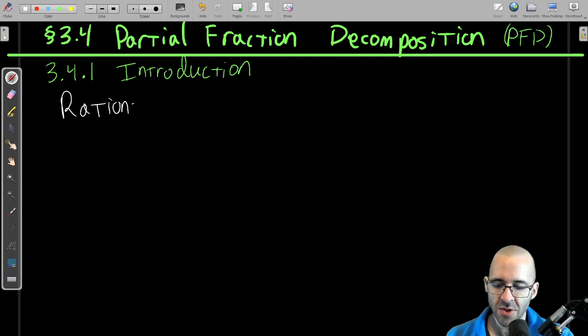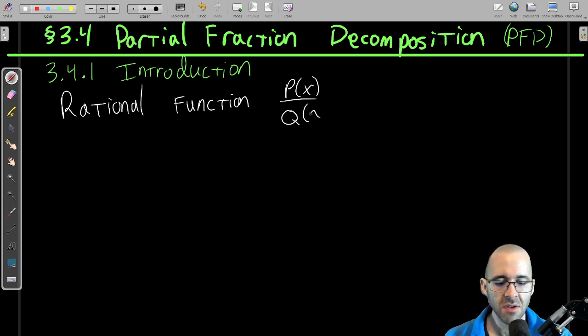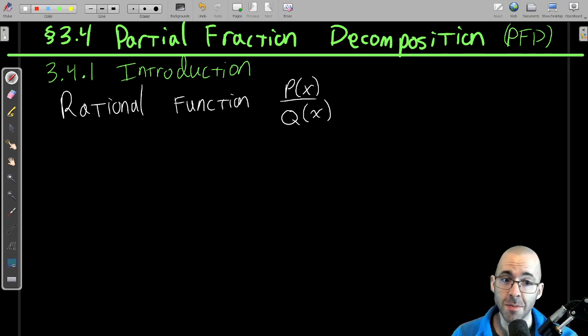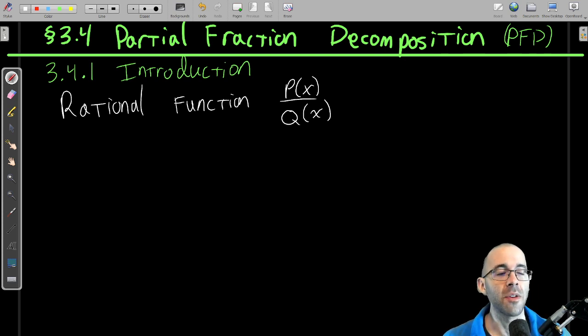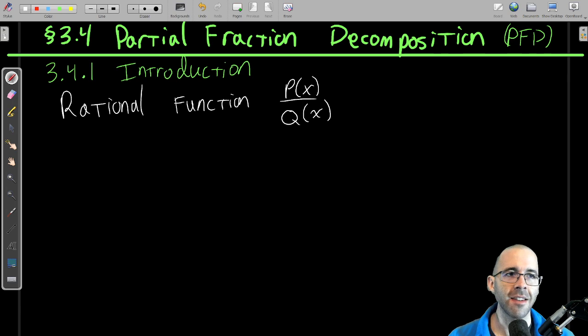I'm going to talk about rational functions. Remember, a rational function is just some polynomial over another polynomial. A lot of times we'll say p of x over q of x, where these are polynomials. Rational functions pop up all the time. Ratios are everywhere in chemistry, biology, economics. What's the concentration of this thing?